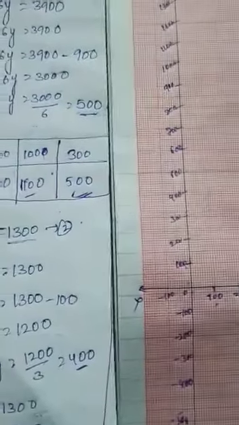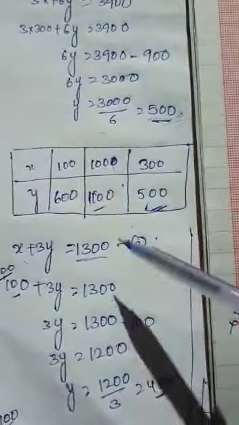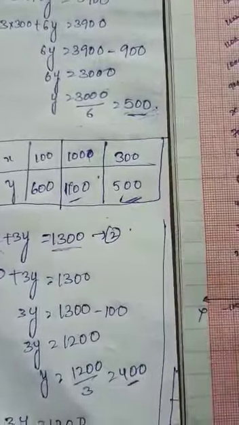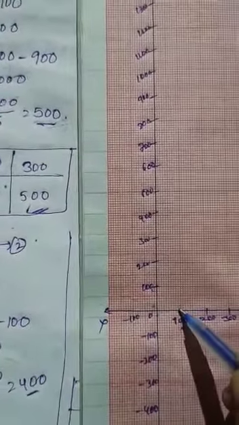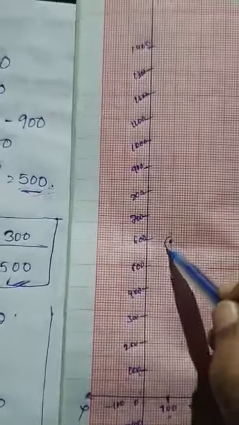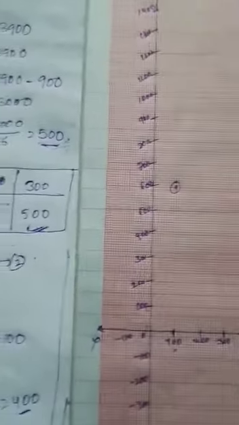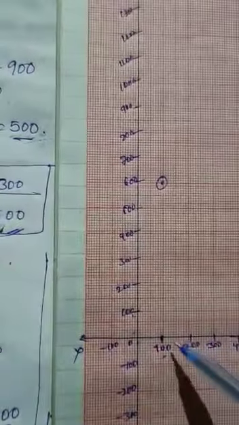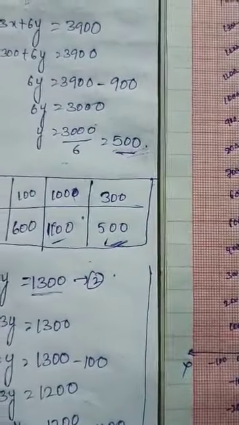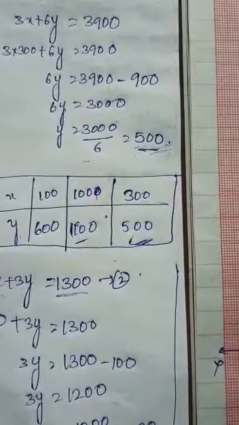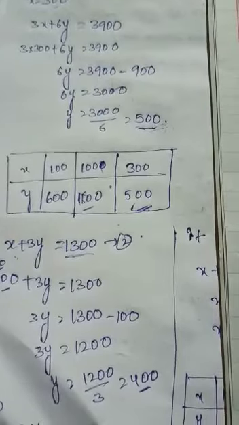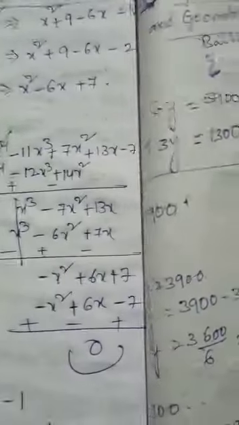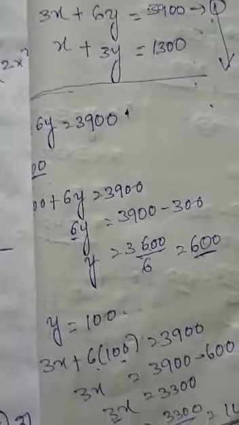So the first point, from the first table, is 100 comma 600. Next point, where we take y equal to 100, we get x value 1100.